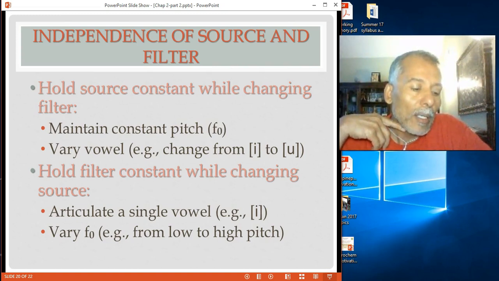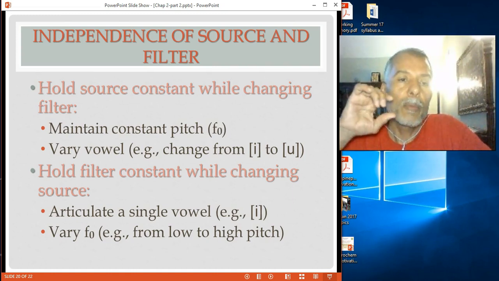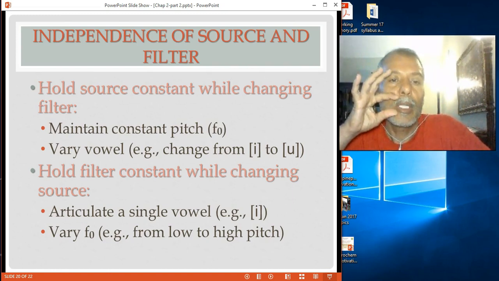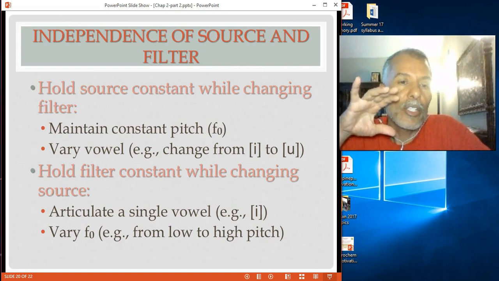If you say, you have a certain pitch, you have a certain resonant frequency when you say, and you keep the lips moving the same way, the vocal tract doesn't change.